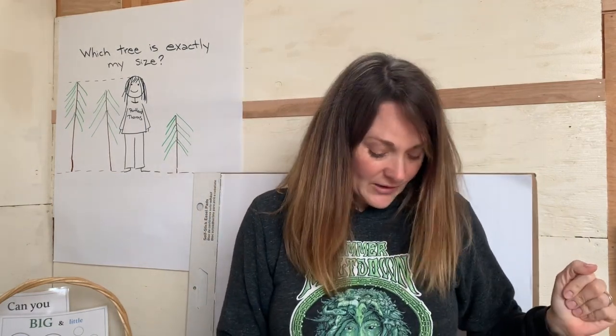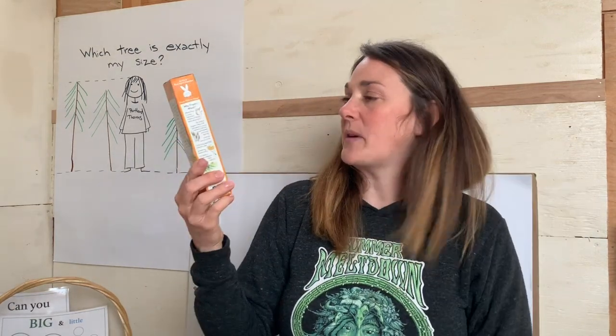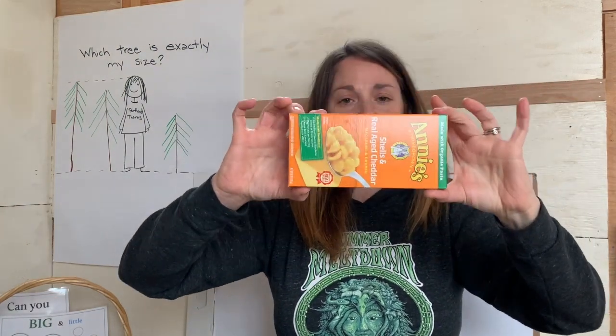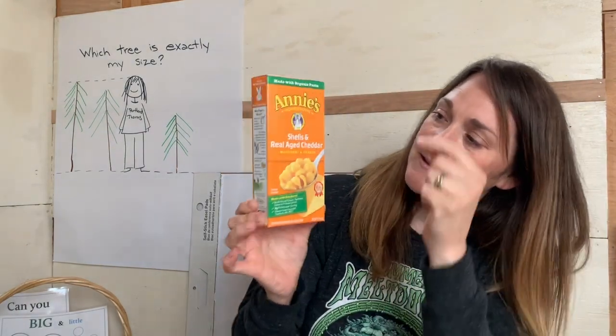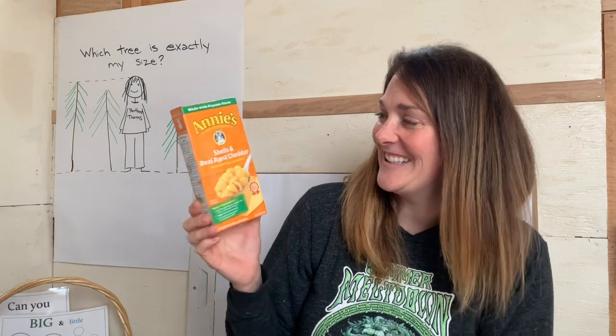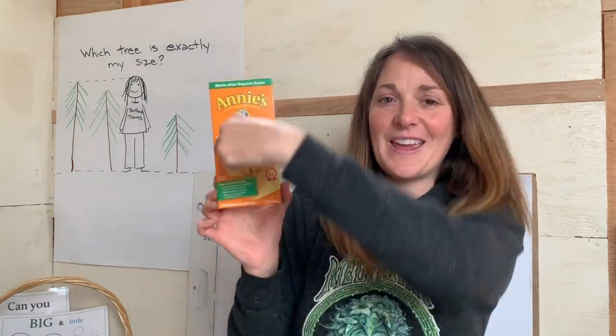All right, we'll go to Annie's mac and cheese because that's making me hungry for lunch. So we're going to look at this shape. What shape do you see? I hear macaroni in it. So this shape, is it a triangle?